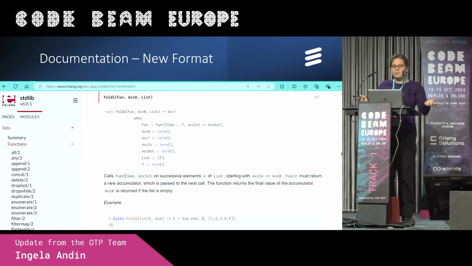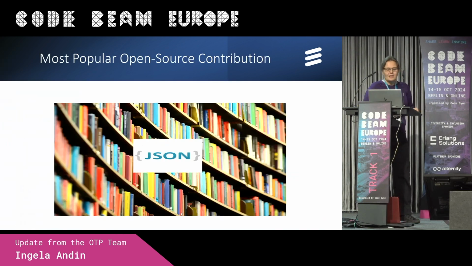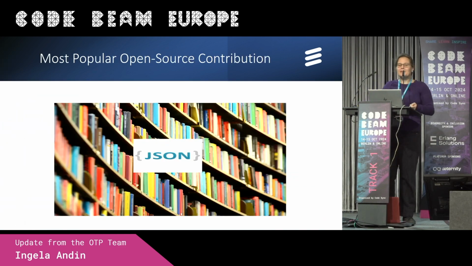So if you find some part that you feel should be polished, please make a pull request. And the most popular open source contribution for OTP 27, of course, was the JSON encoding decoding library. So big thanks to Mihao from WhatsApp for contributing that.